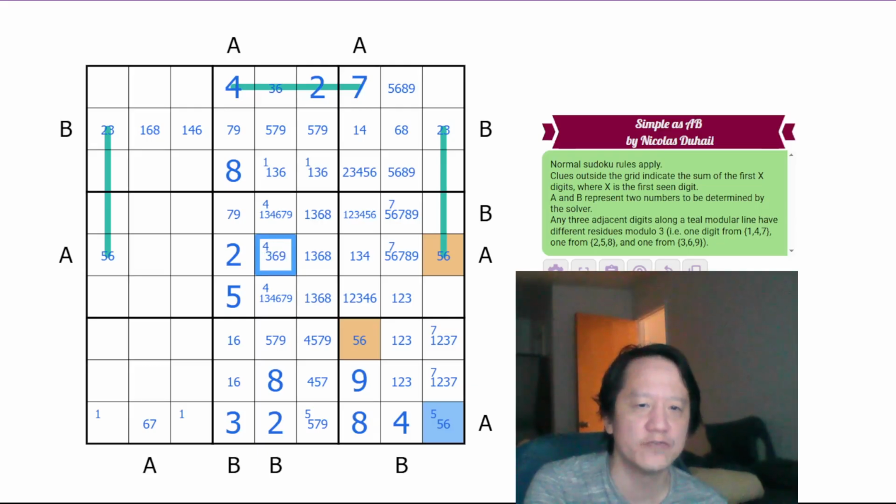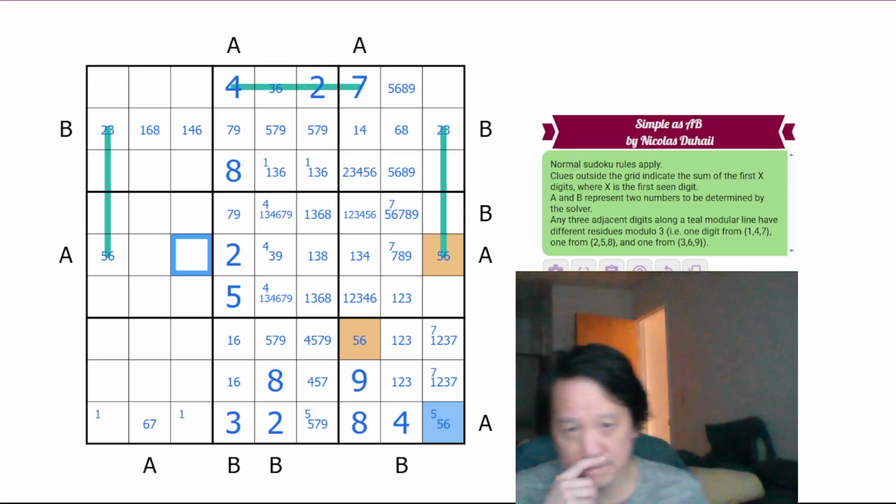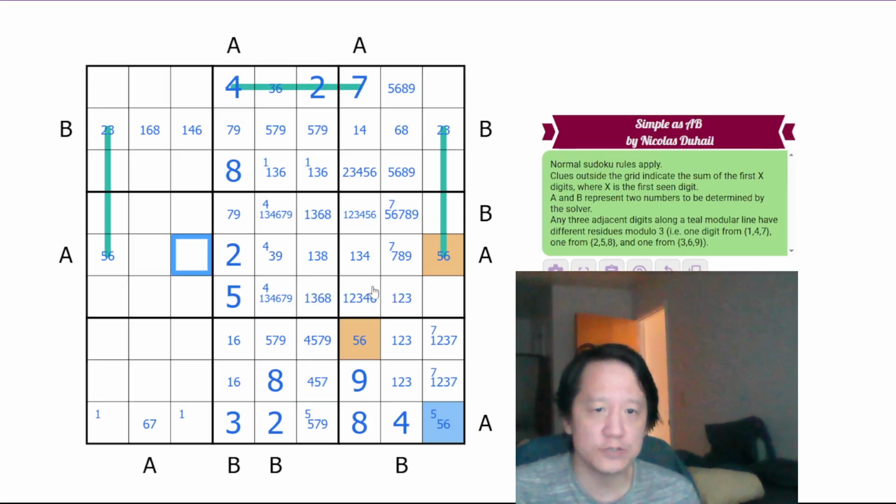And you can't have 7 here. You can't have 6 because of the 5, 6 pair in the row. So this would be 3 and 8 if that were the case there. This can't be 5 or 6 because of 5, 6 pair in the row. So it's either 2, 9 here, or this is 3 and 8.